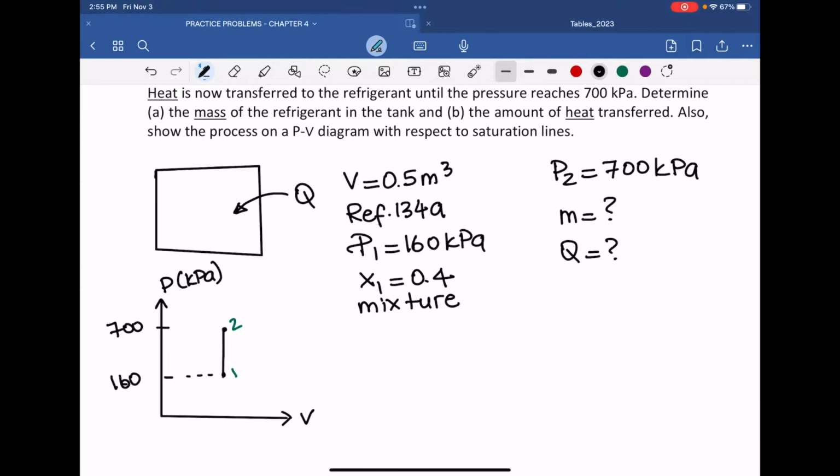And it's state 1. And what we can figure out from that information is our properties, like what is the specific volume, what are the other properties if we need them, like internal energy. And let's figure those out.